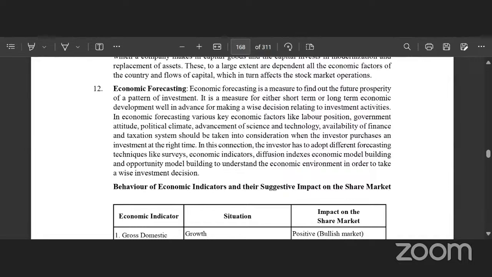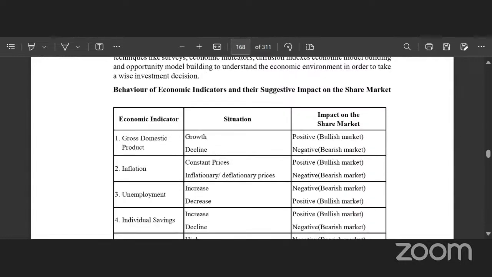If there is news that the economy is good for the next 1 year, the market starts reacting to that positive news. If the economy is going to have a problem, the markets start reacting negatively to that news.